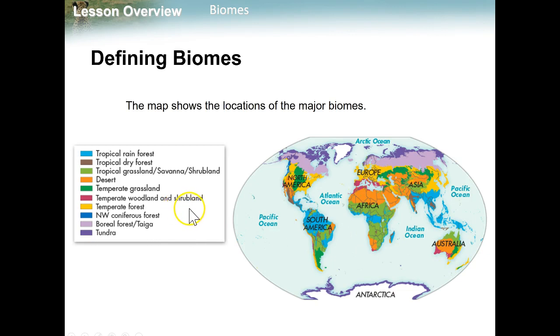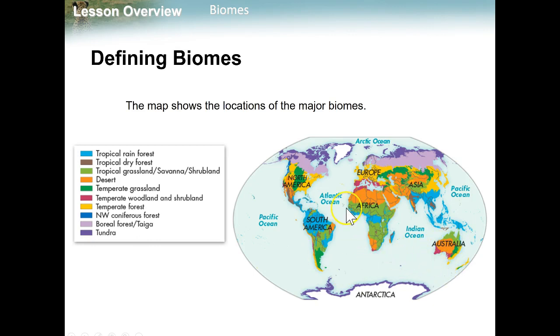That's going to be in kind of like the magenta color, and this is going to be the temperate woodland and shrubland in Europe. We've got a little bit over here on the west coast of North America, and a little bit down in South America as well, and at the tip of Africa and parts of Australia.